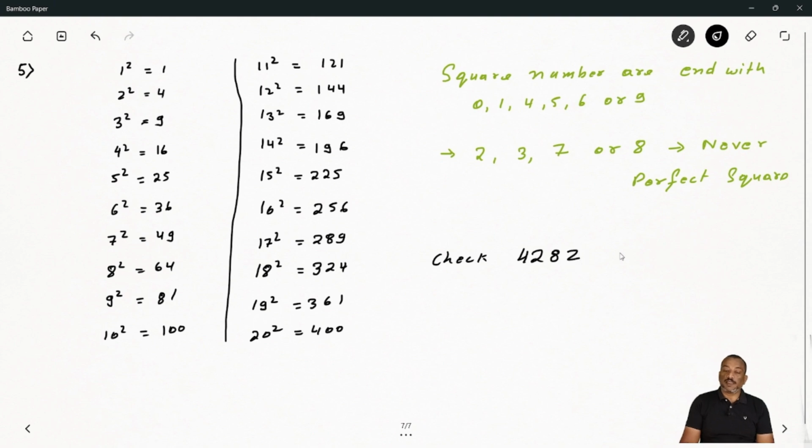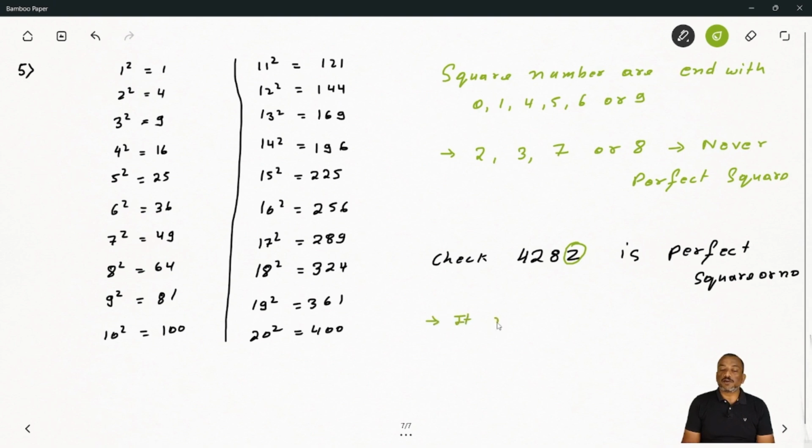Now for example, suppose in the examination it says, check whether 4282 is a perfect square or not. So in this one you can see which number is present at the ones place: 2 is present. So automatically, without doing anything, within 1 second you can say it is not a perfect square.